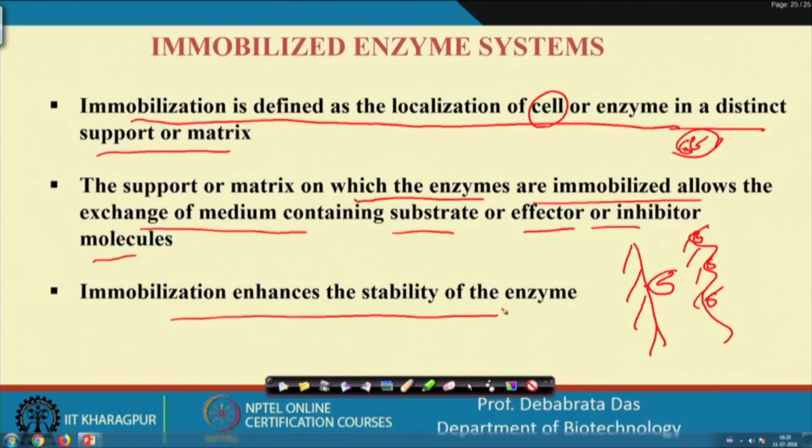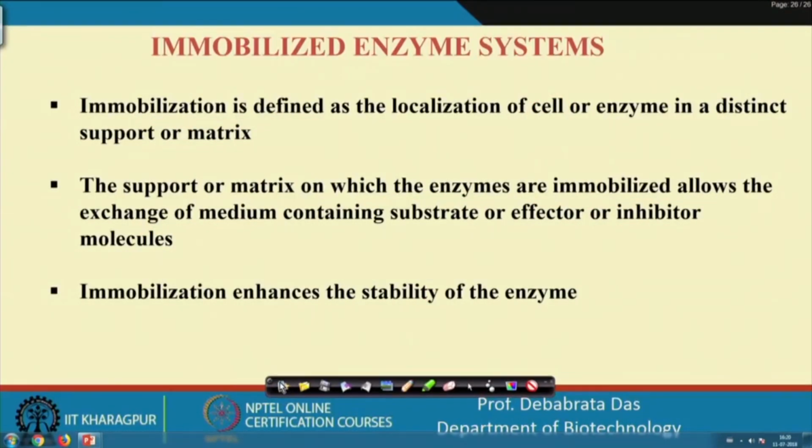Enzyme also has two lives, shelf life and operating life. If you want to use the enzyme continuously, then after some time the activity of the enzyme will decrease to a great extent. Even if you keep the enzymes in refrigerated conditions for a longer period of time, you will find the activity lost. So stability of the enzyme is a great concern. This can be enhanced with the help of immobilization techniques.